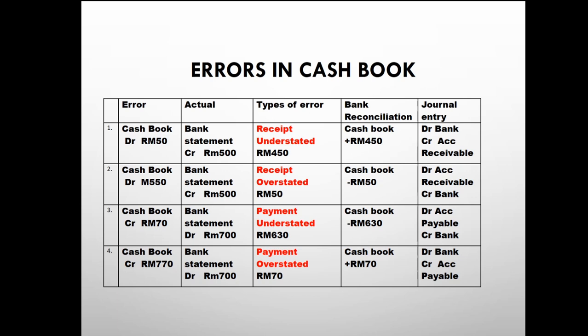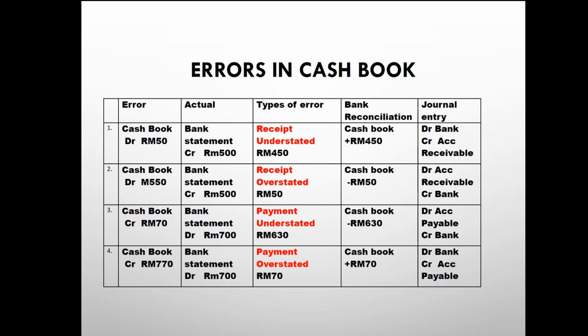The second one, the actual amount in the bank statement is RM500 credit, but in the cash book, we debited 550. This one we call overstated. And we have to make a reconciliation by reducing RM50.